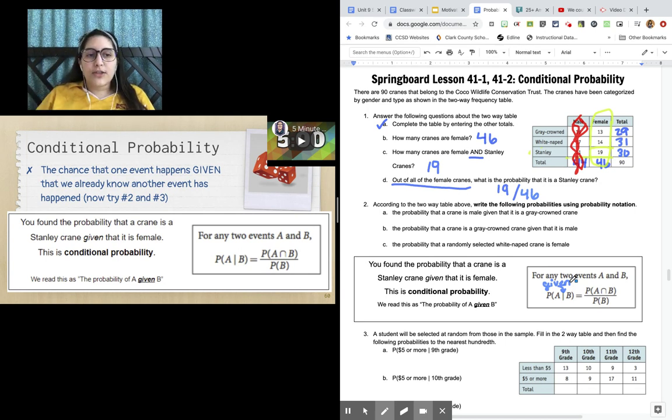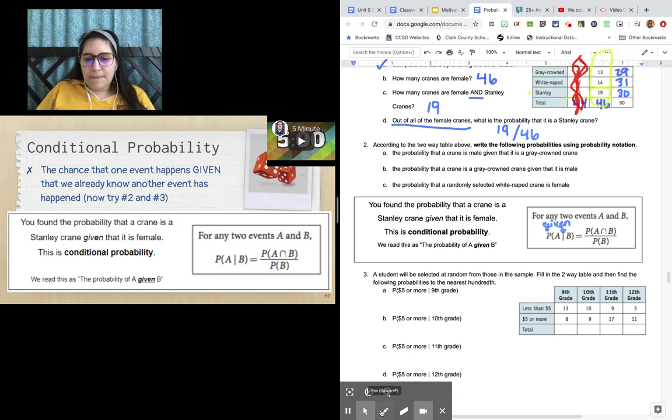The way that you calculate a conditional probability is exactly the way that we calculated it in part D of that first problem. We found A and B, what they had in common, which was 19. Then we divide it, but instead of dividing by the total, you're dividing by the total in the category, or the probability of that category. So I'm going to label this a little differently for you here.